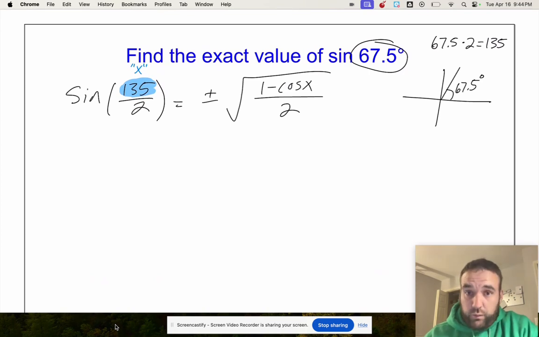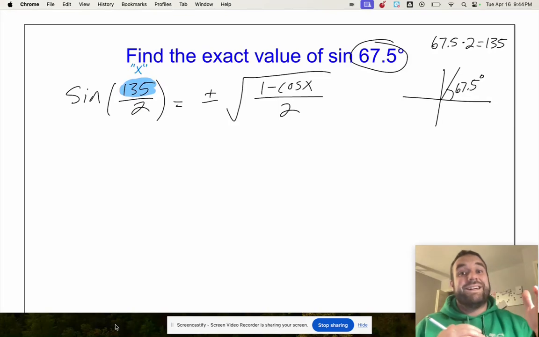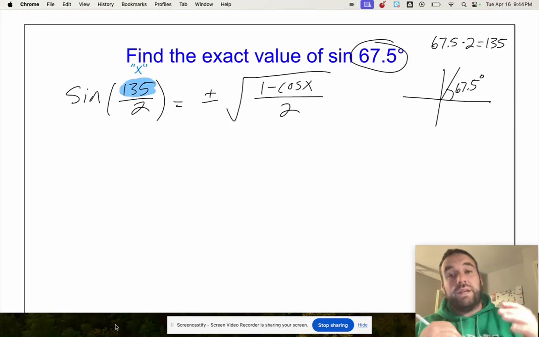Sorry, getting ahead of myself. 67.5 degrees is in quadrant 1.